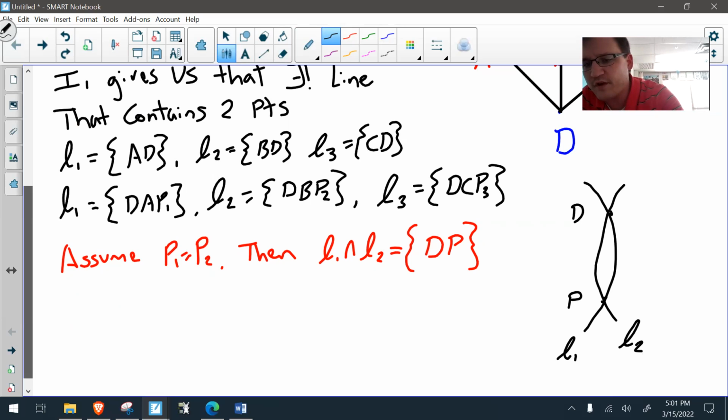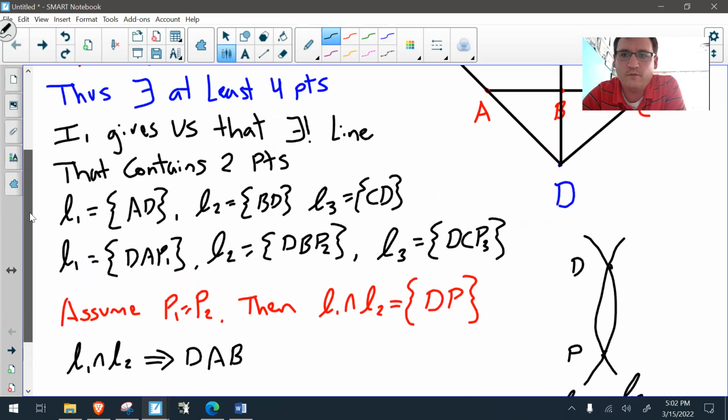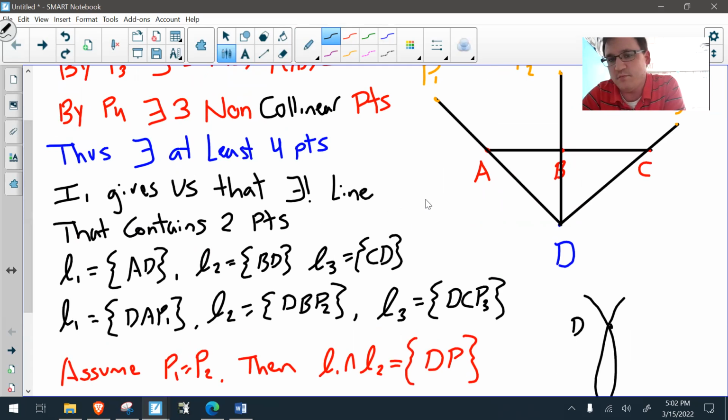That is kind of a red flag, but that's not enough information to bring out a contradiction, because if we have D and P on the same line, then L1 intersect L2 implies that points D, A, and B are collinear. If we scroll back up to our picture, that implies that D, A, and B are collinear.